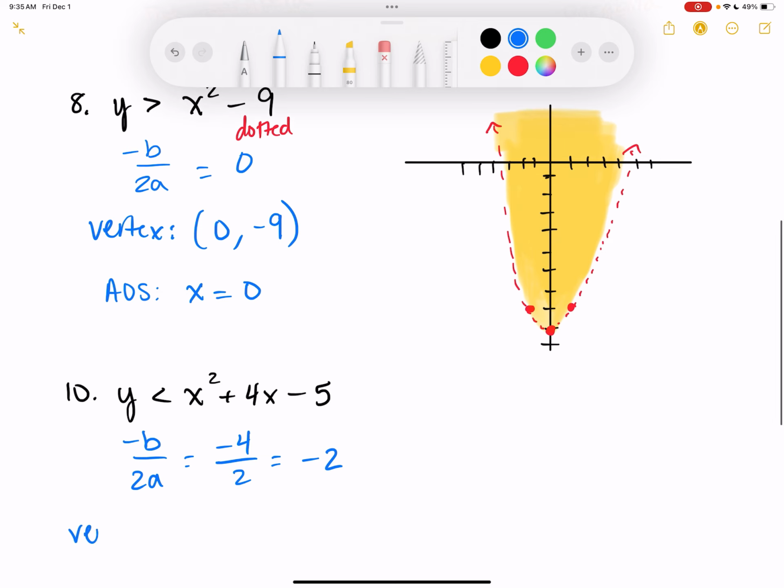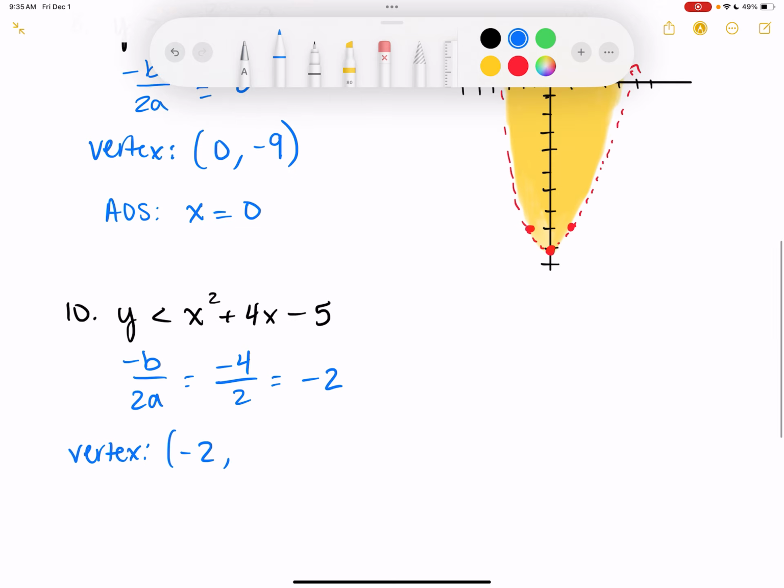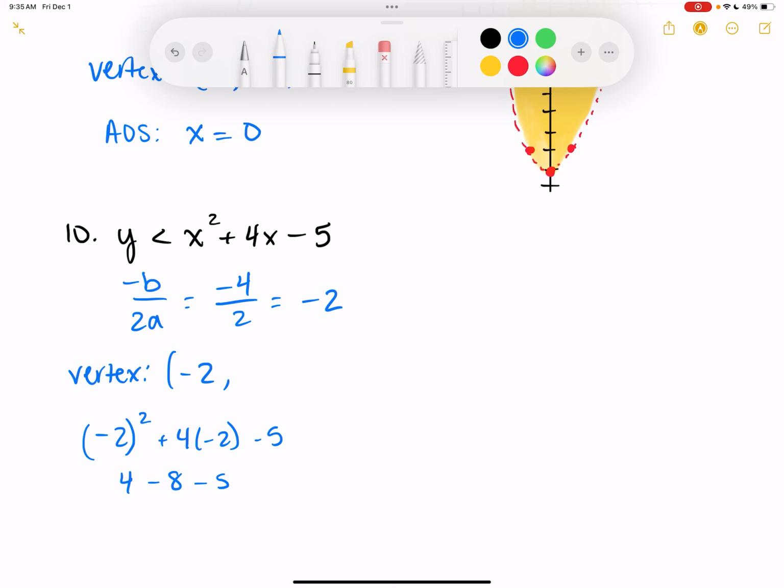So vertex at -2, and if I plug in -2, I get -2 squared plus 4 times -2 minus 5, so that's 4 minus 8 minus 5, -9. So -2, -9 will be my vertex.